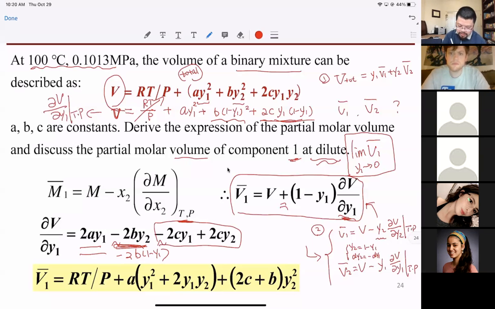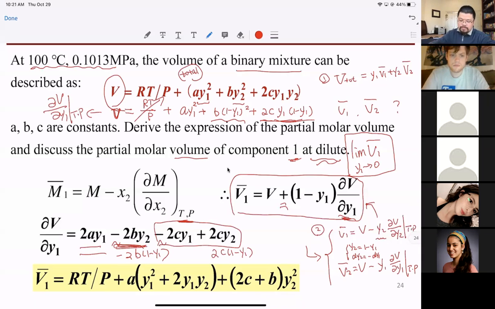So here I also have to have this modified. My bottom line is that when you have multiple components, it's always a good idea mathematically to write the whole equation as a function of only one component, especially for the binary system.